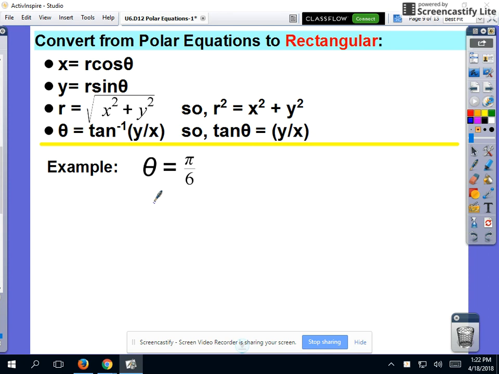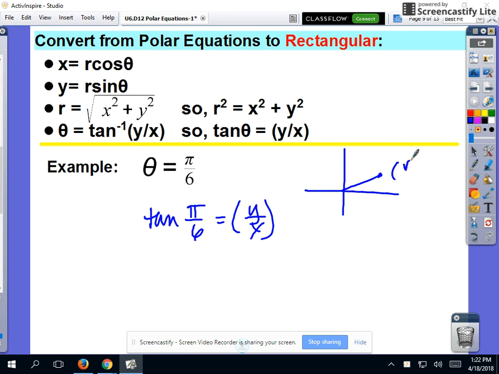So we know theta is pi over 6. Actually, let's do it the other way. Let's say tan of pi over 6 is equal to y over x. Let's just try that out. Now tan of pi over 6. So pi over 6 is way over here. The point there is root 3 over 2 and 1/2.